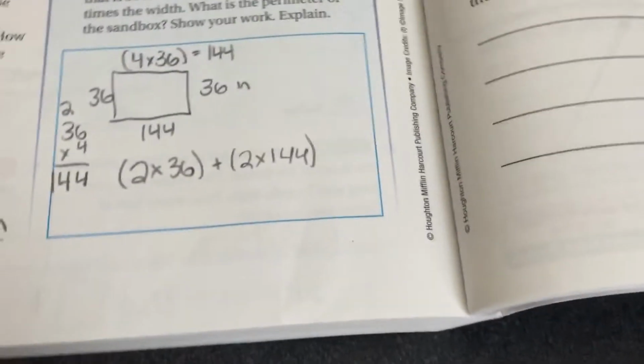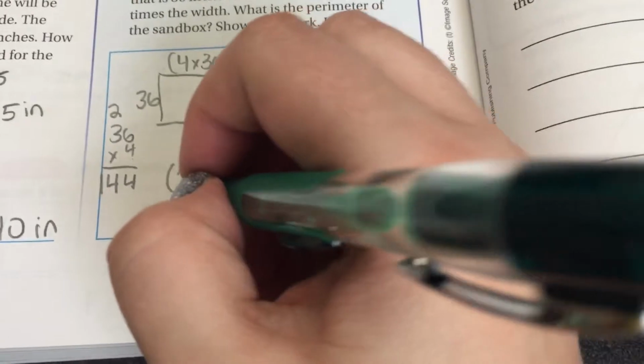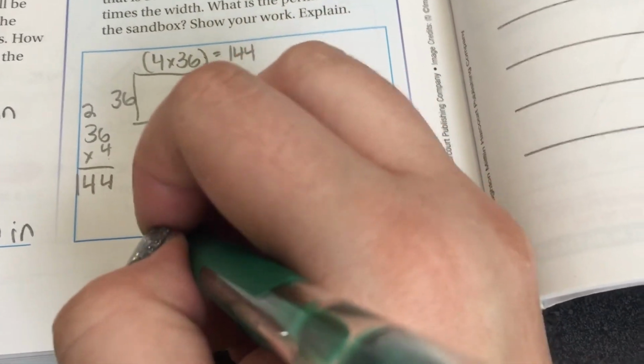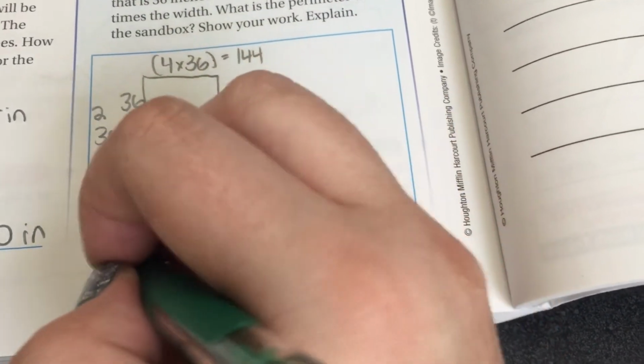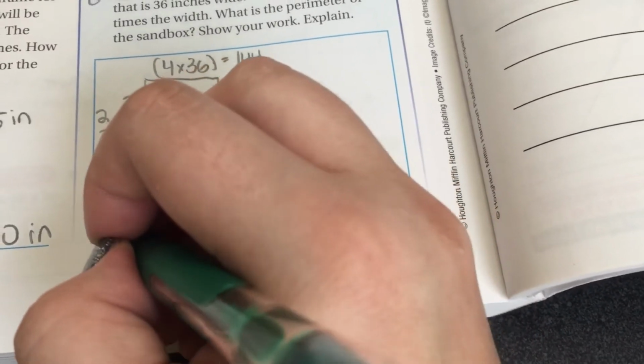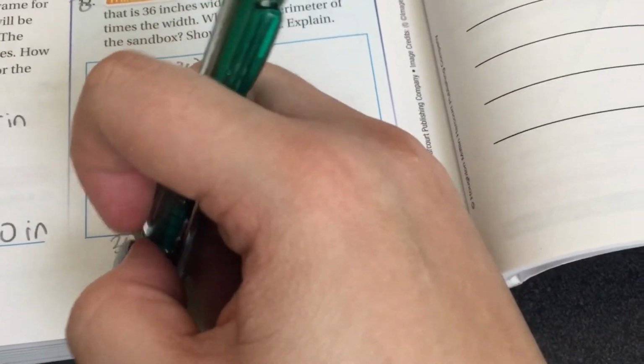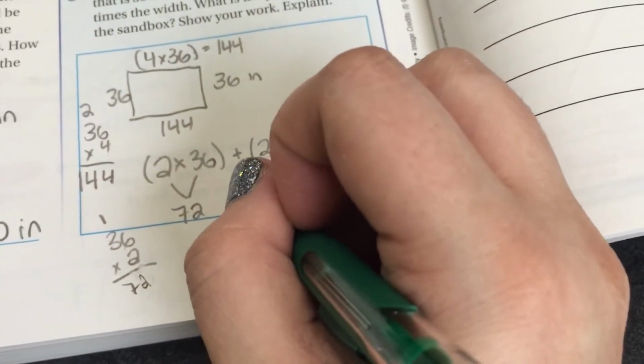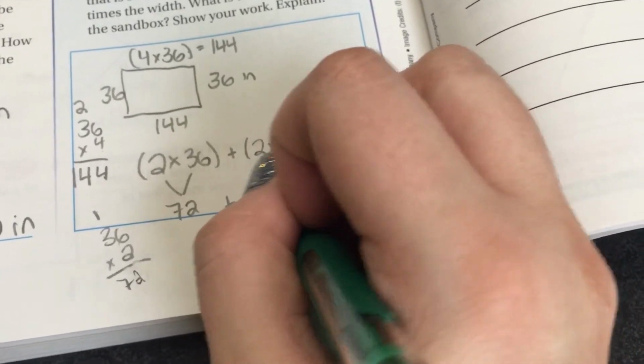2 times 36 plus 2 times 144. That would be 72 plus 288.